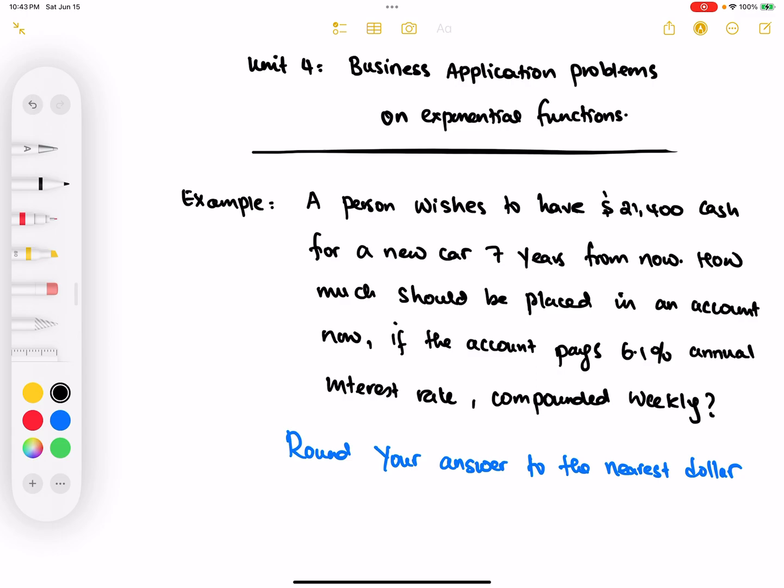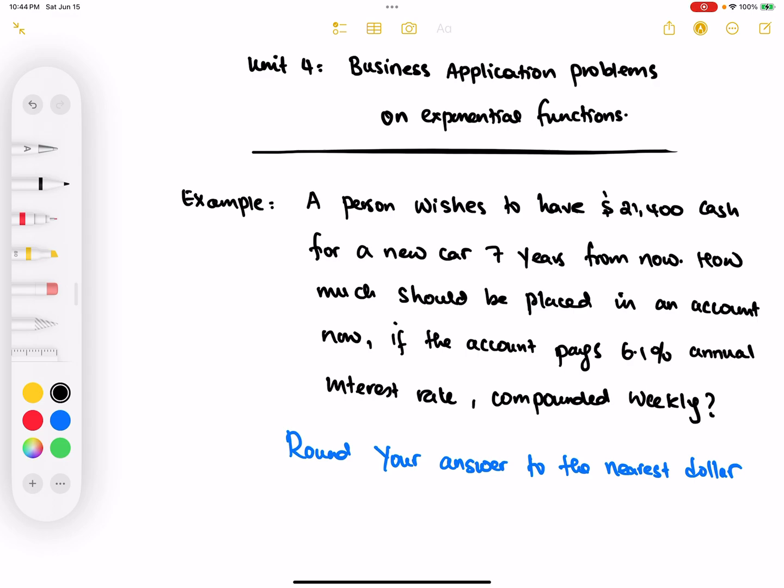You know that the formulas for compounded interest and continuously compounded interest are available when you do your assignment or quizzes. So you have to use those formulas in order to solve such business application problems. Let's see the first example.